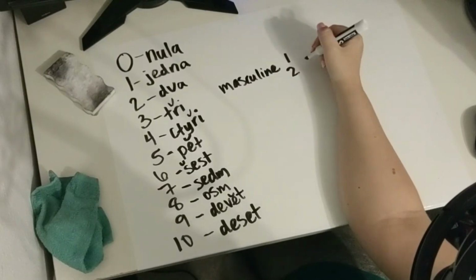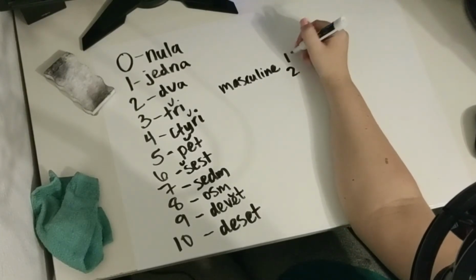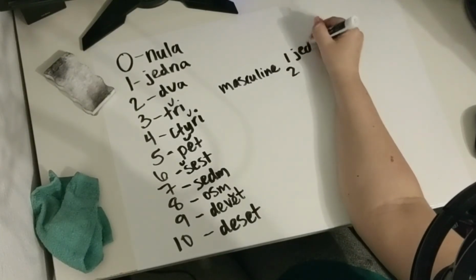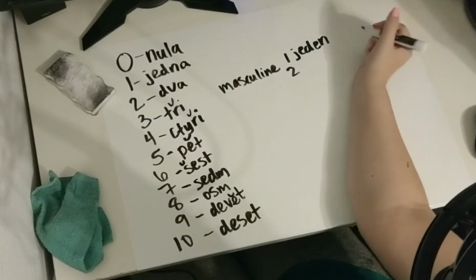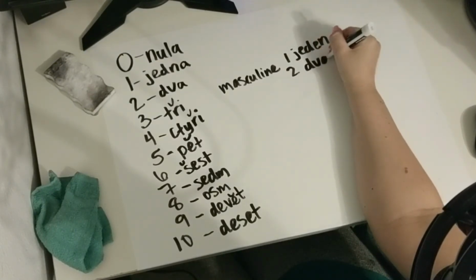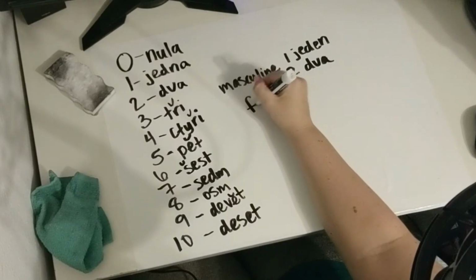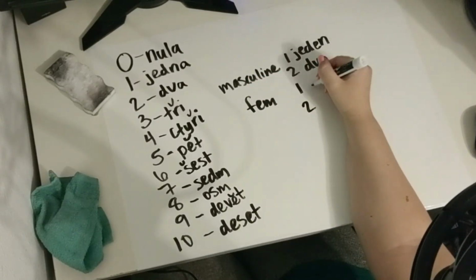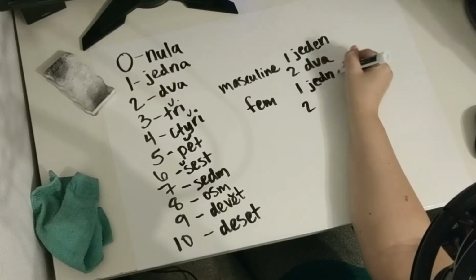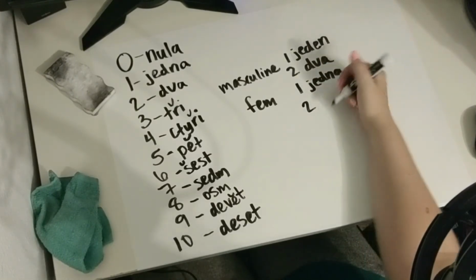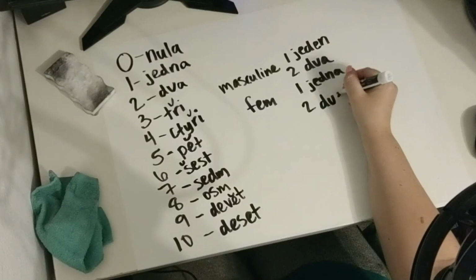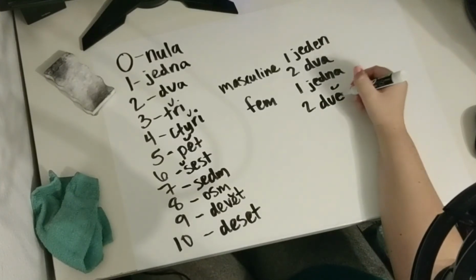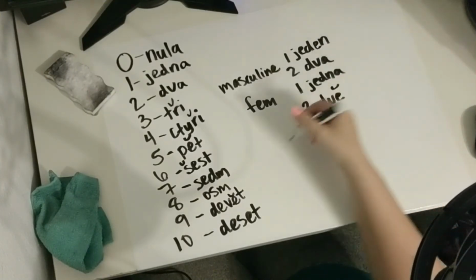Masculine one and two are jeden, and two stays the same, dva. Feminine one and two: one stays the same, jedna, but two is dvě.